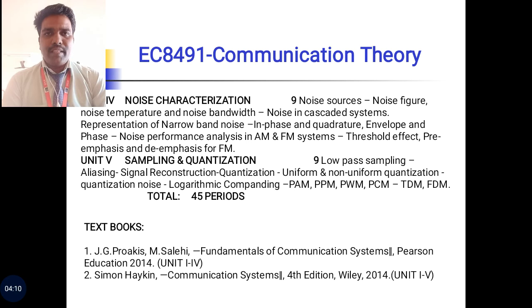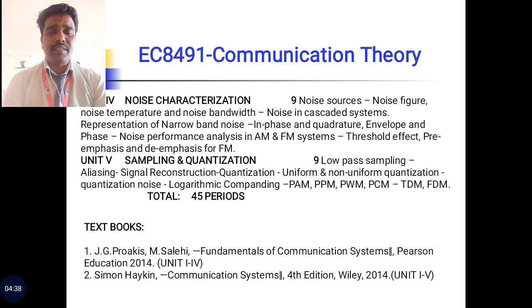Unit 5 title is sampling and quantization. What is sampling and quantization? An analog signal is converted into digital form. There is a three-stage process. The first stage is sampling, the second stage is quantization, and the third stage is encoding. Here sampling means a continuous time signal is converted into a discrete time signal. Quantization means a discrete time signal is converted into a discrete amplitude signal.